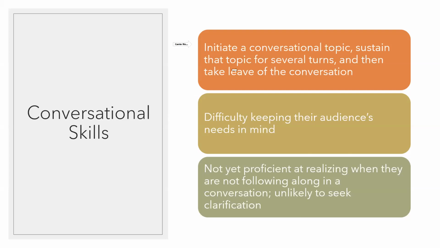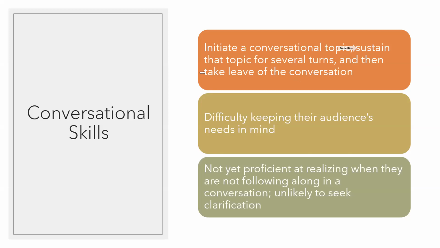And it says sustain a topic for several turns, but you usually know how many turns a child can sustain the same topic based on their age. So for example, Kaylee is 24 months or 2 years old, and so you would expect her to be able to maintain topic for about 2 turns. So she should be able to talk about the same thing for about 2 turns.